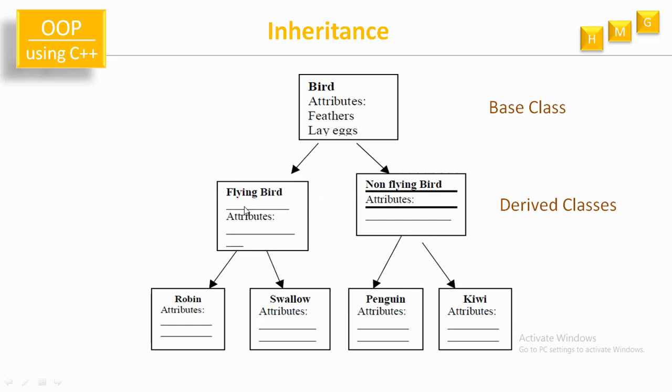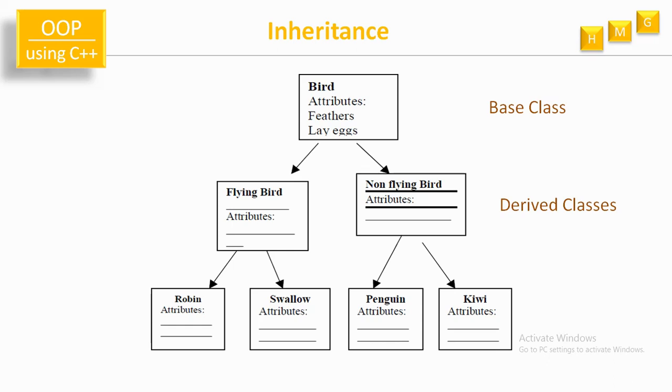Flying birds will have the attribute that these birds can fly, and non-flying birds are the birds which cannot fly. So there is a difference between these two classes: the feature of the flying bird class is the birds that can fly, and the feature of the non-flying class is the birds that cannot fly.